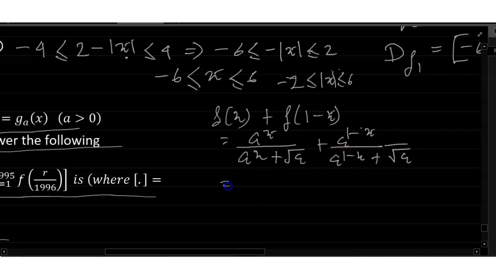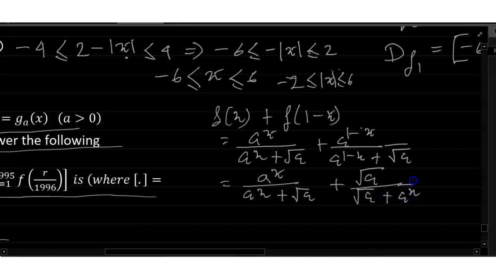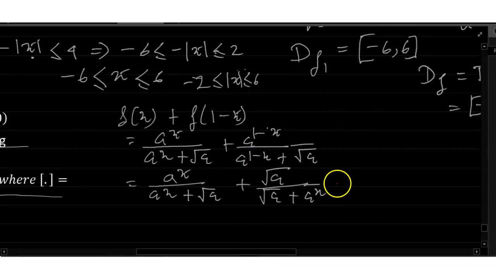We can write this way, this is a to the power x divided by a to the power x plus root over a, plus root a divided by root a plus a to the power x. This way it can be written. And after that we get this value is 1.